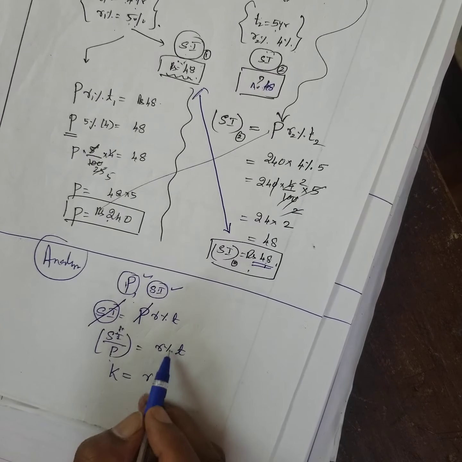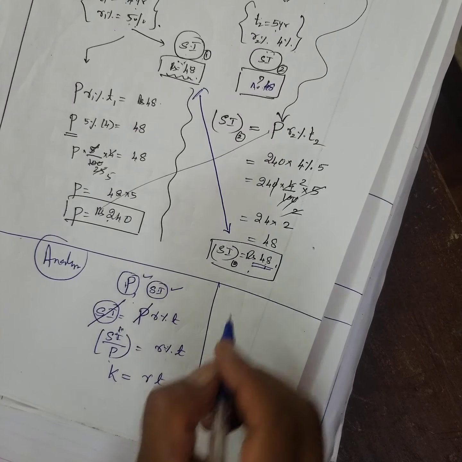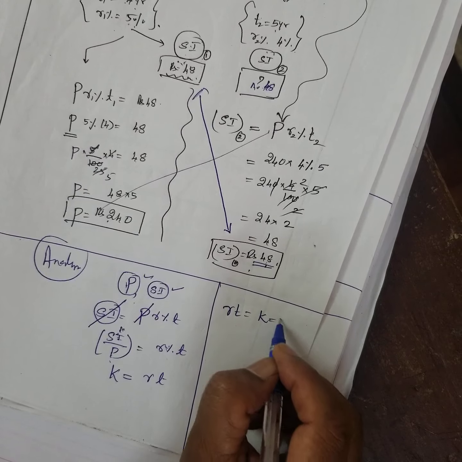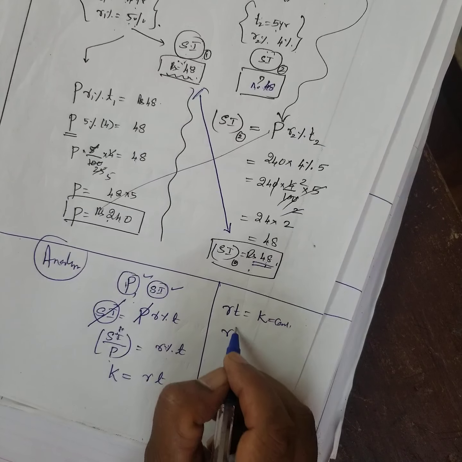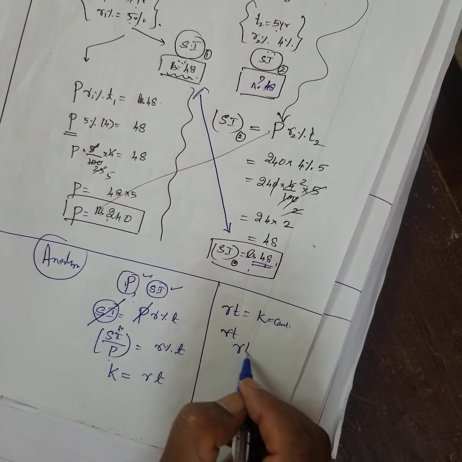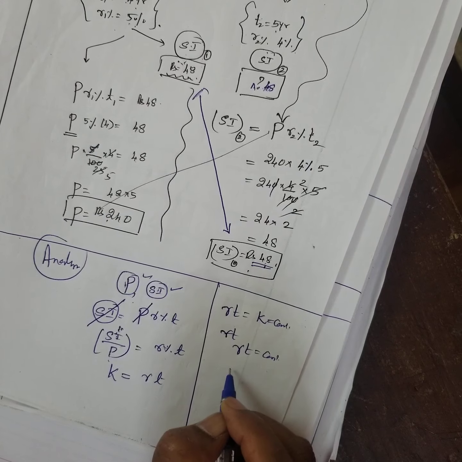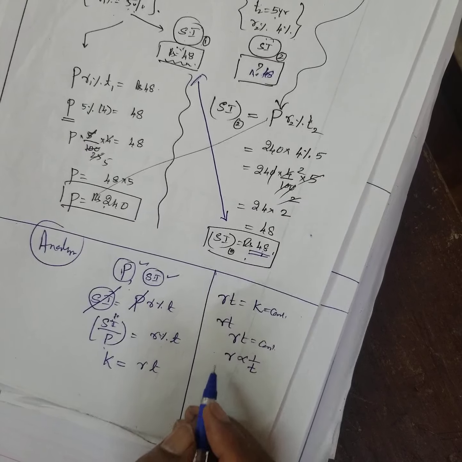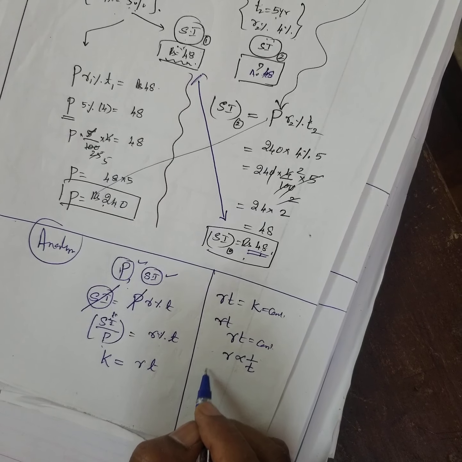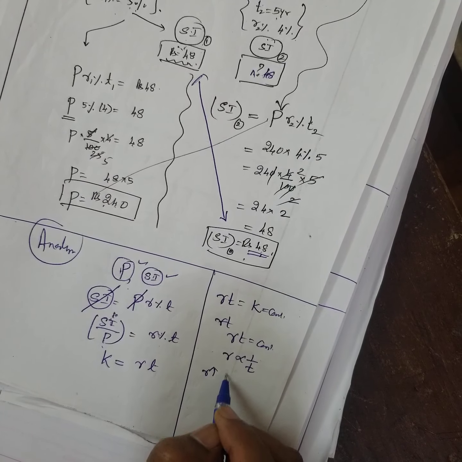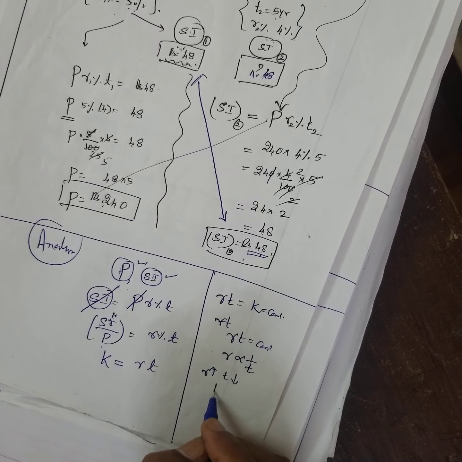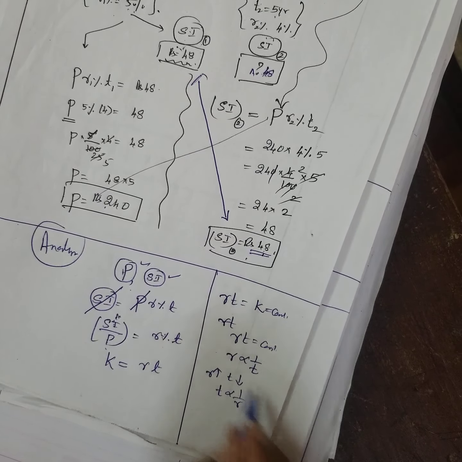R into T is equal to some constant. R is inversely proportional to T. When the rate is more, time will be less. Understood? Or time is inversely proportional to rate. You can do it like this.